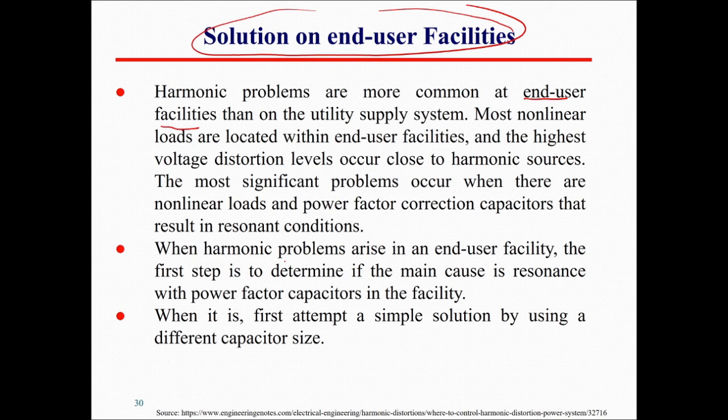When a harmonic problem arises in an end user facility, the first step is to determine if the main cause is resonance with the power factor capacitor. When it is, first attempt a simple solution by using a different capacitor size.